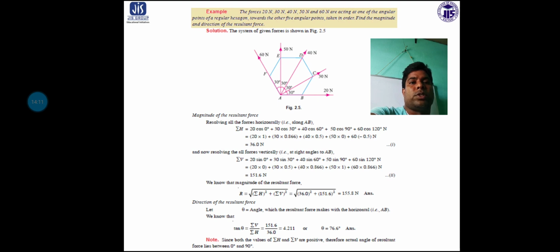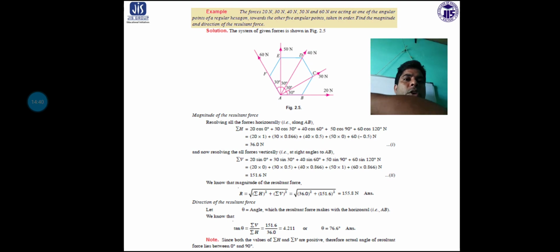First of all, the magnitude of the resultant force, that means resolving all the forces horizontally along AB. So summation of H is equal to 20 cos 0, plus 30 cos 30, plus 40 cos 60, plus 50 cos 90, plus 60 cos 120. Now putting in all the values, we get summation of H is equal to 36 Newton.